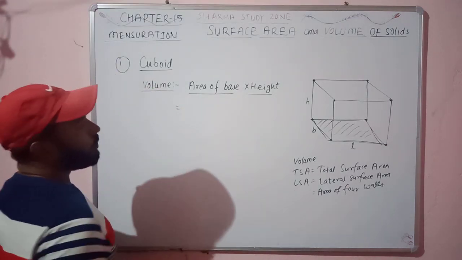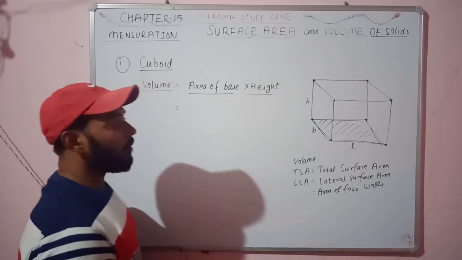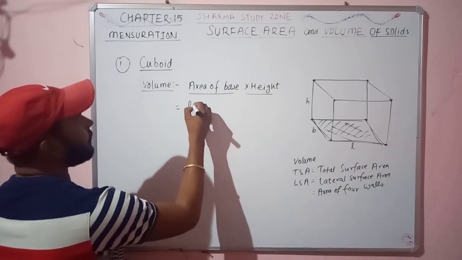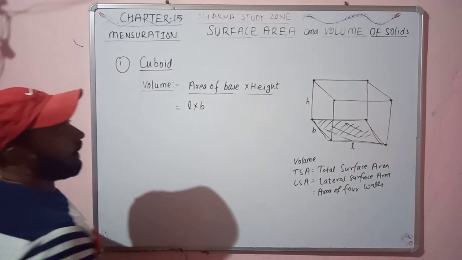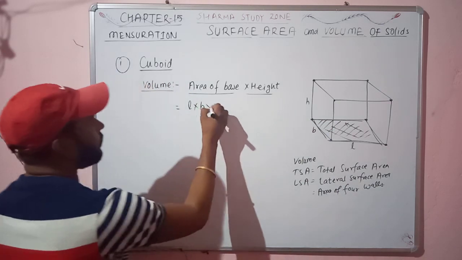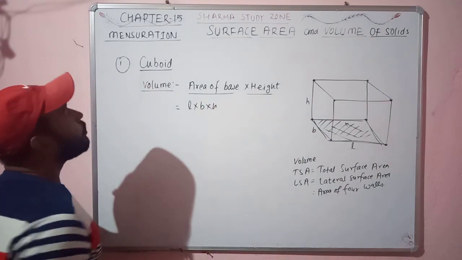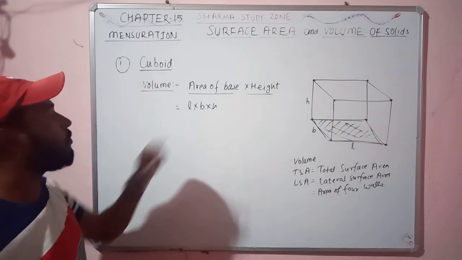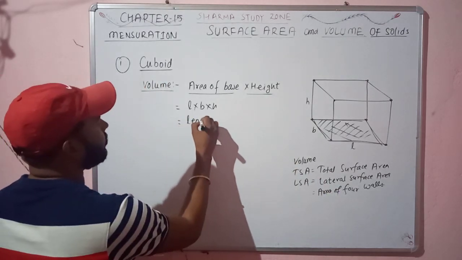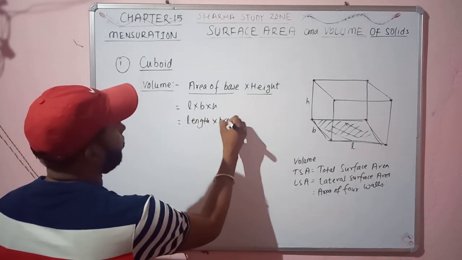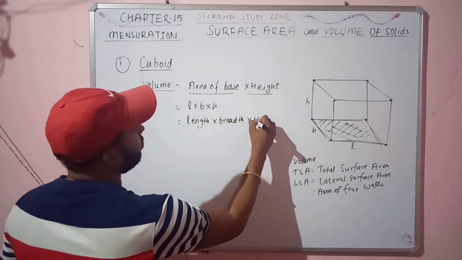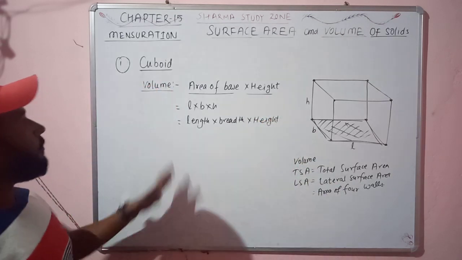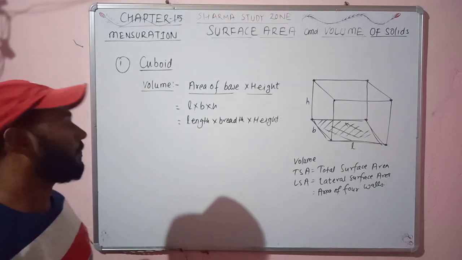The area of a rectangle is length into breadth, so L into B, and the height is H. So the formula for the volume of a cuboid is length into breadth into height. This is the formula of volume for the cuboid.